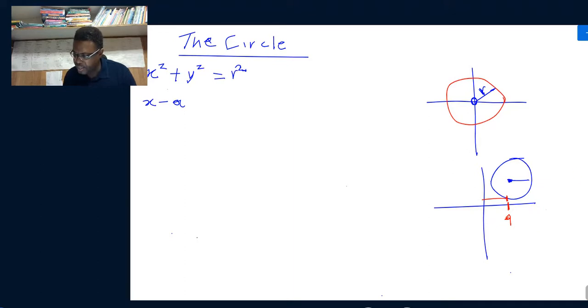All squared, plus y subtract b, all squared, equals r squared. So it has also moved up.